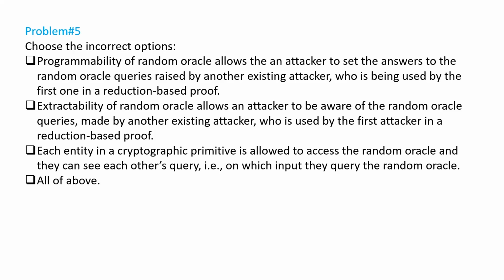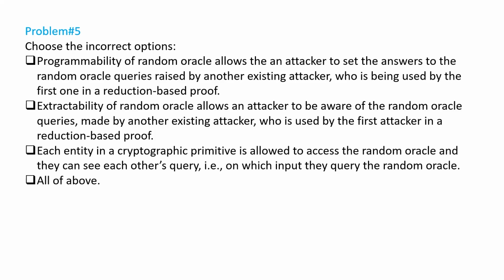So A dash is able to see the query inputs to the random oracle raised by A. That is the property of extractability of random oracle, and programmability says that A dash has the power to set the random oracle value of those query inputs, because as this is just a reduction based proof, there is no real scheme running in practice and there is no instantiation of hash function or random oracle.